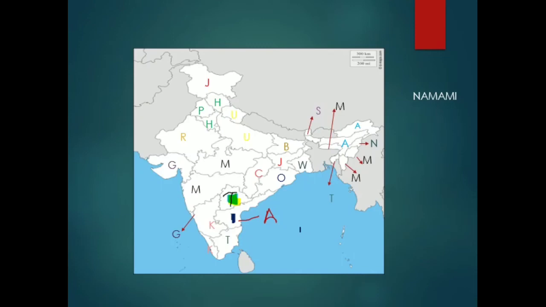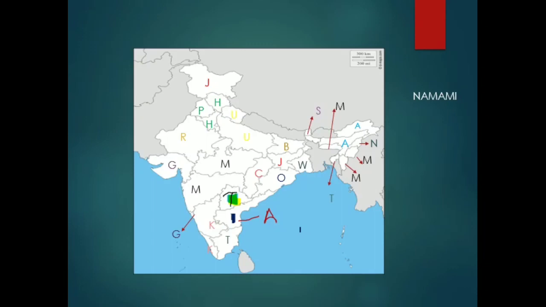And which letter has the highest number? Letter M. With the letter M, we have 5 states. Madhya Pradesh, the centrally located state, Maharashtra, and among the northeastern states, the seven sisters, we have 3 states. Namami, if you follow: Manipur, Mizoram, Meghalaya.